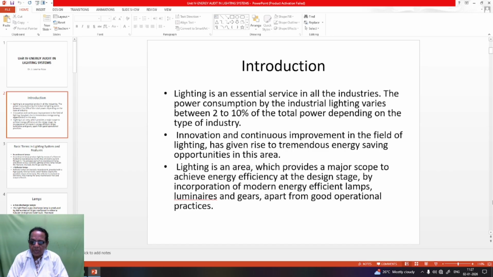Lighting is an area which provides a major scope to achieve energy efficiency at the design stage, by incorporation of modern energy efficient lamps, luminaires and gears apart from good operational practices.